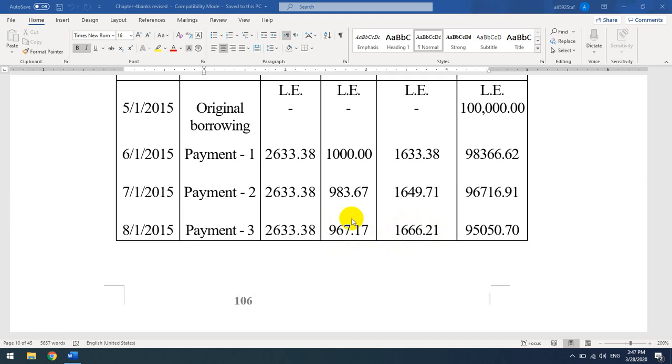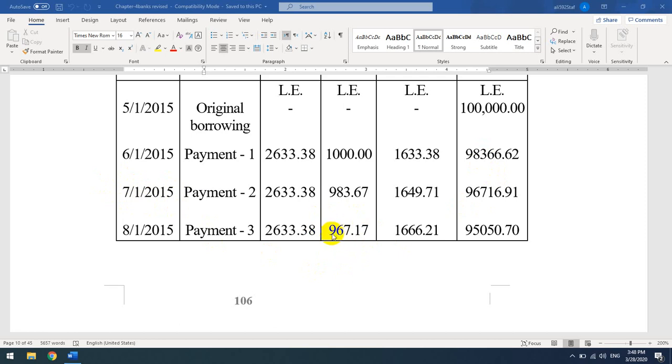First, we have to calculate the interest. How to calculate the interest? We will use the loan balance on the 1st of July, which equals 96,716.91 times 12% times 1 by 12. It will give you the interest of the loan balance during the month of July.